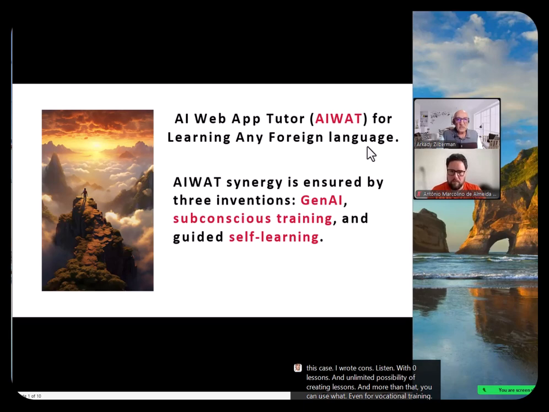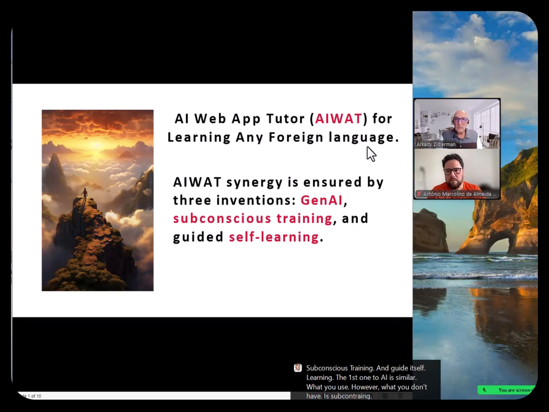AIWAT synergy is ensured by 3 inventions: generative AI, subconscious training, and guided self-learning. The first one, generative AI, is similar to what you use. However, what you don't have is subconscious training.